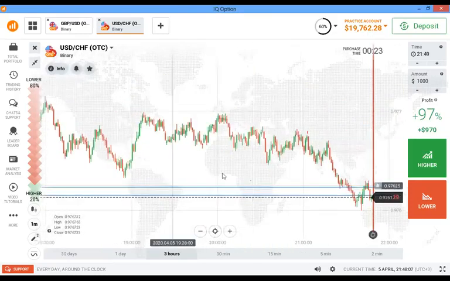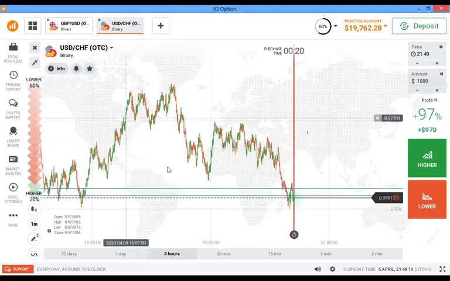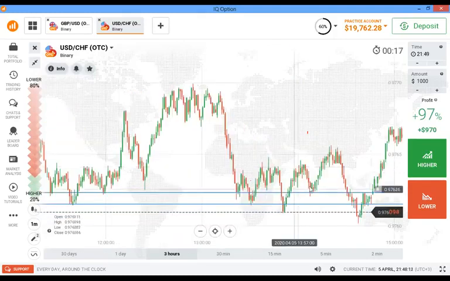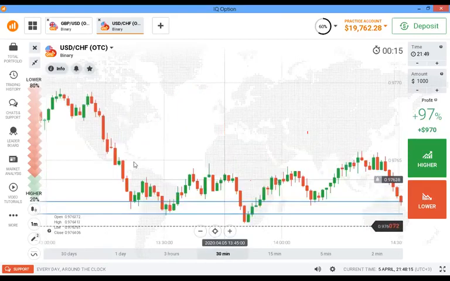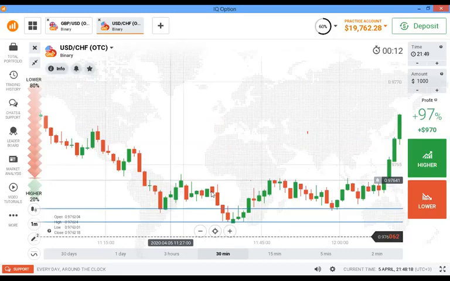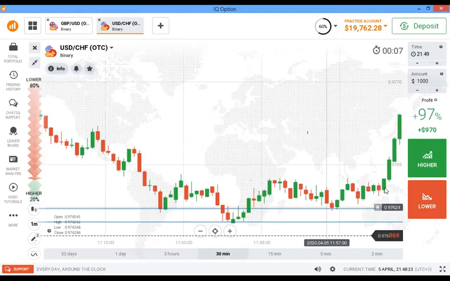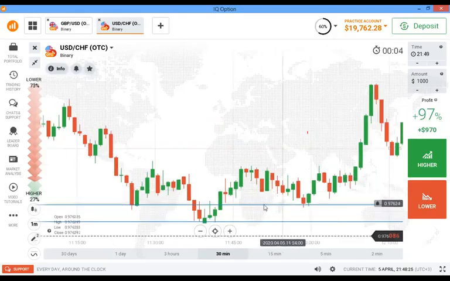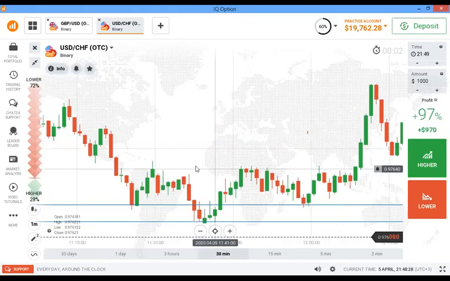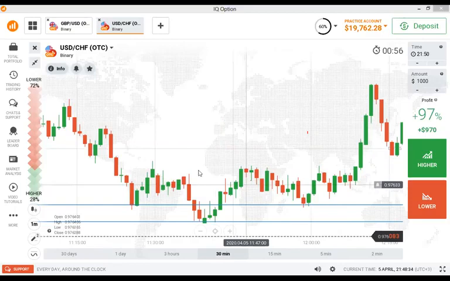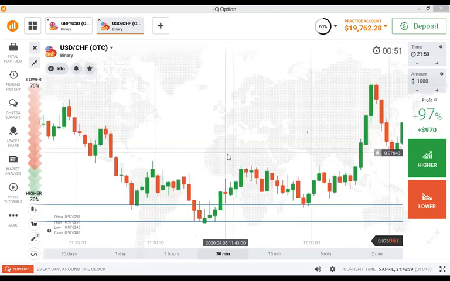Here, this is a ranging market, and if you want to draw this area as the buyers and sellers area, not all the time will you be drawing support and resistance levels or buyers' areas on your chart.